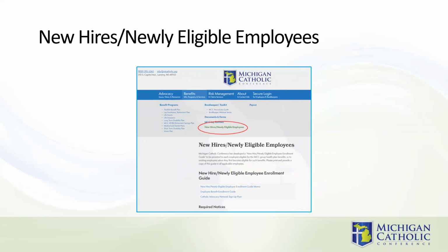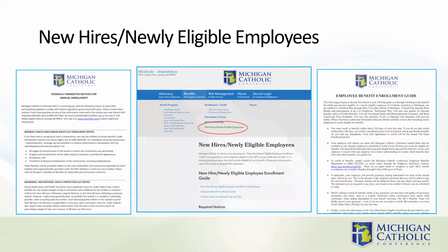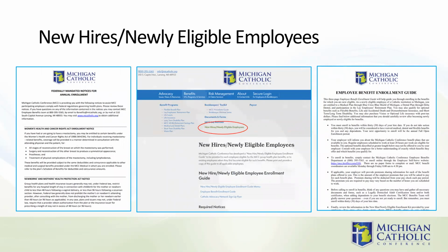The New Hire Newly Eligible Employees section houses required notices and guides, such as the federally mandated notices for enrollment and New Hire or Newly Eligible Employee Enrollment Guide, which should be provided to each benefit eligible employee when they're first hired or when they first become benefits eligible.